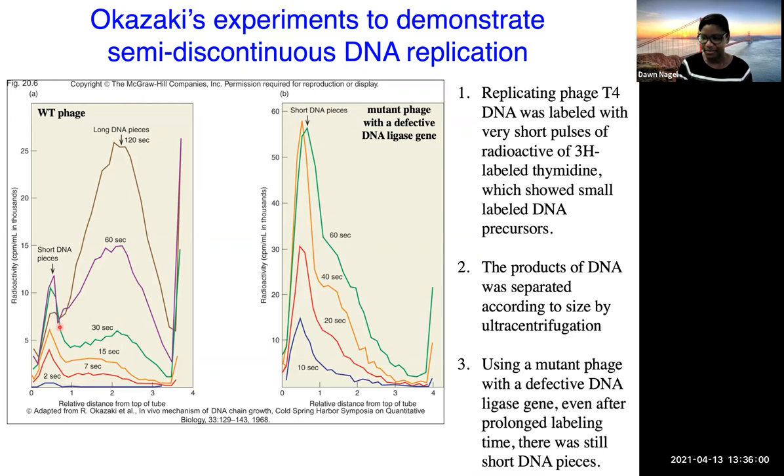And this is kind of normal. So you have the short pieces being made, they start being assembled together, so you will get a dip because as they stitch them together, you're losing some, but then as they're getting longer, you're adding more radioactivity. At all of these times, it starts increasing, because these peaks are measuring how much radioactivity you have and also how heavy they are in the tube. Okay.